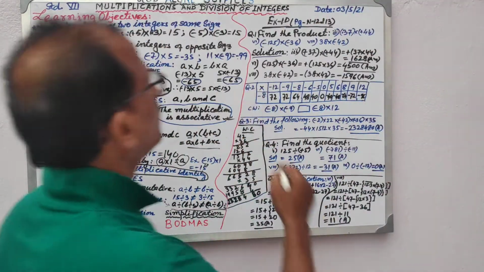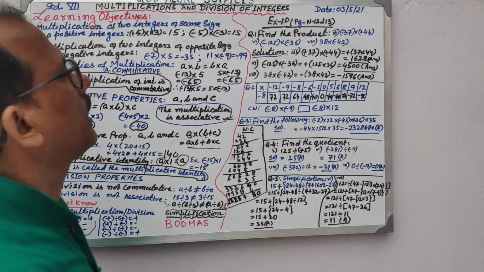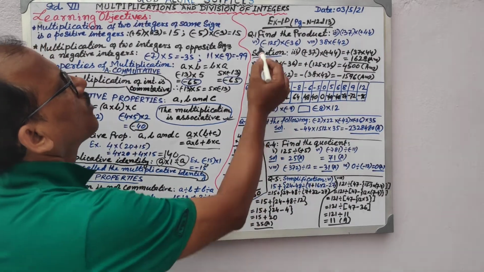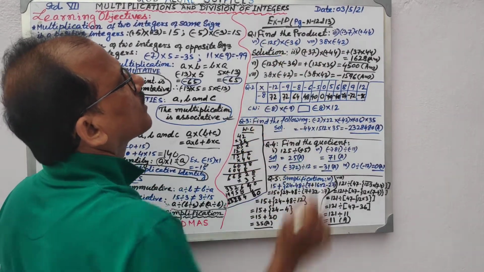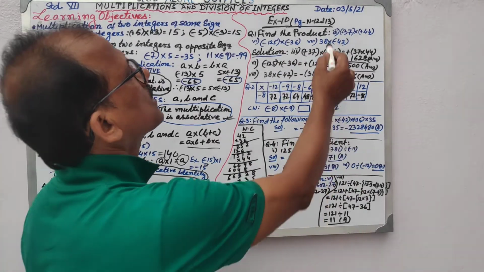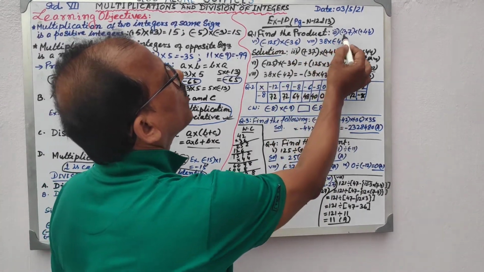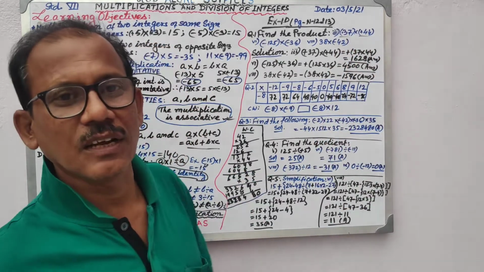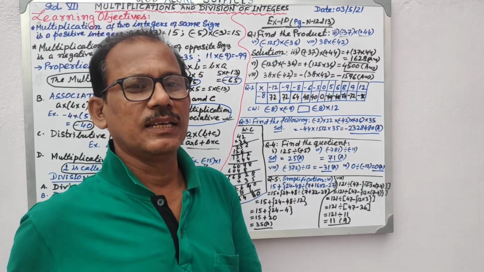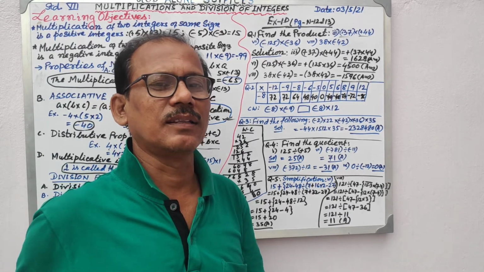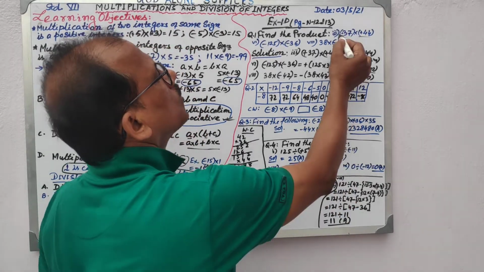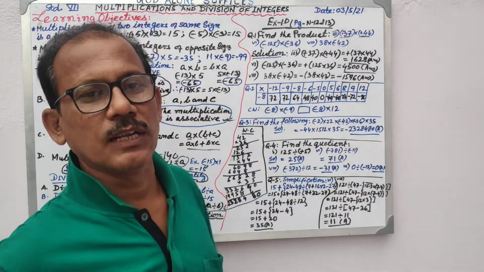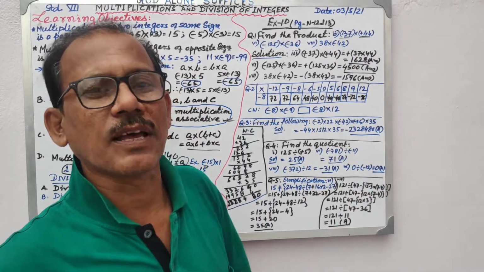Children, I will move on to exercise 1B, pages 12 and 13. See, I have taken question number 1, find the product. I have taken the third one and the sixth one. The third one is a positive integer multiplied by a positive integer. You have learned that two integers having the same sign, when multiplied, give a positive sign. So find the product of 37 and 44 in the working column and write it with the plus sign.